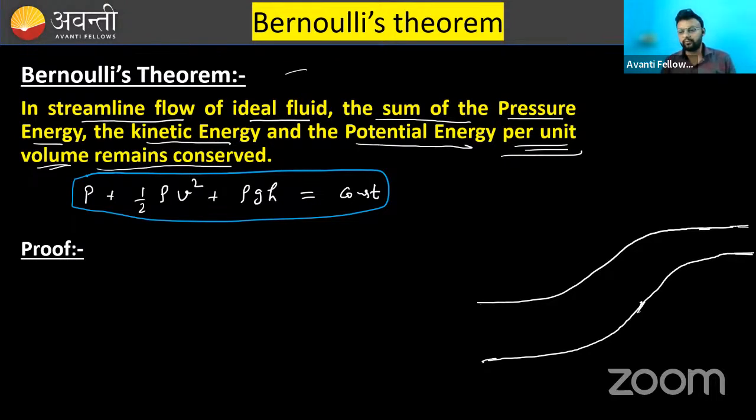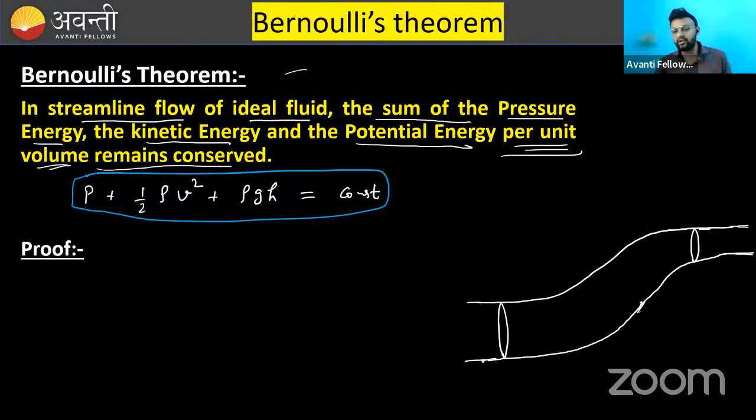Let's suppose this is a tube of flow. Clear? Again, I'm mentioning some of the things here. In this tube, liquid is flowing in a streamline flow, and the fluid is ideal. Second thing, this is a long tube. I am taking a small portion of the tube, from here to here.